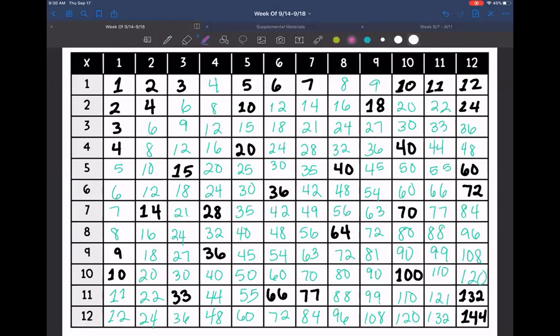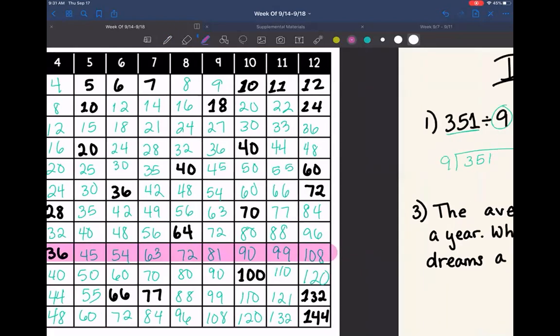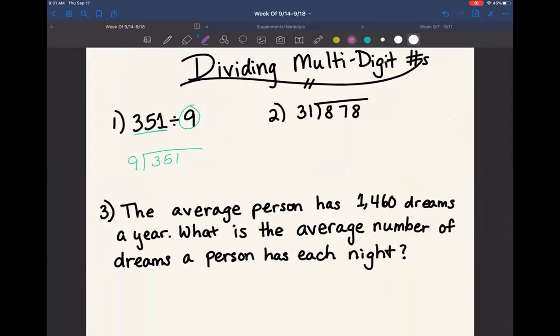We conveniently have this multiplication. Here's my 9s. Do any of my 9s equal 3? No. 27. Can I see it? Hold on. We're going step by step. So no. I can't do 9 into 3. Doesn't work.